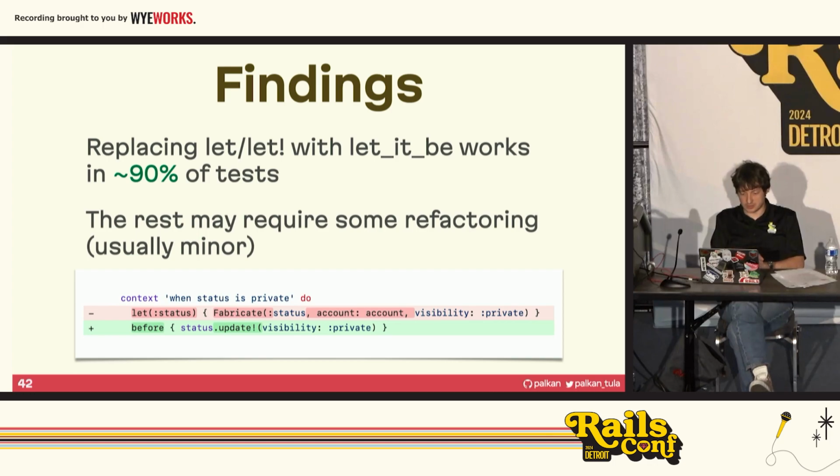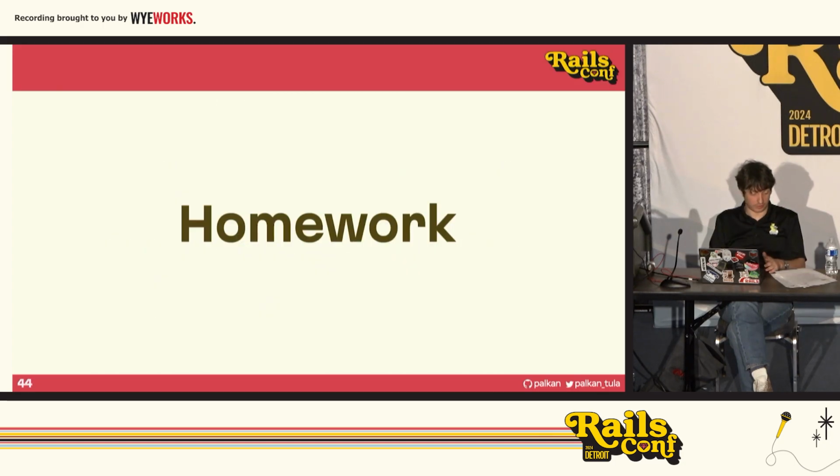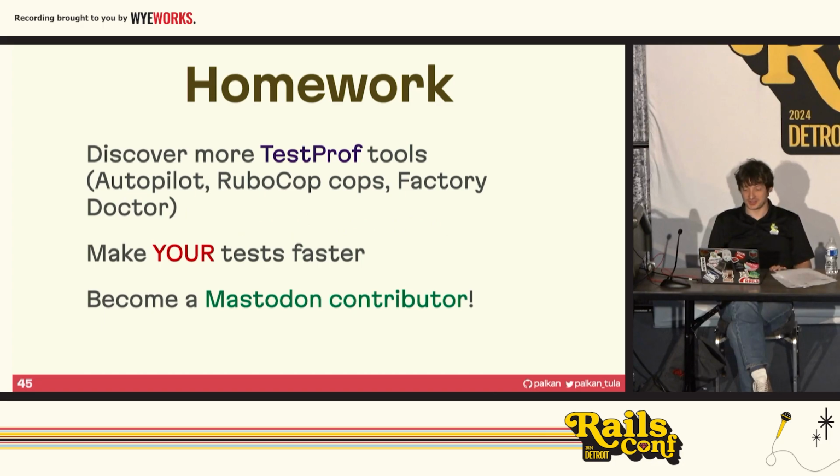Yeah, that's a caveat we just saw. Sometimes you need to update your tests a bit to be aware of these shared records. And that's probably what I just said, homework. Your homework is to try other things we have in TestProf, because TestProf has more stuff.